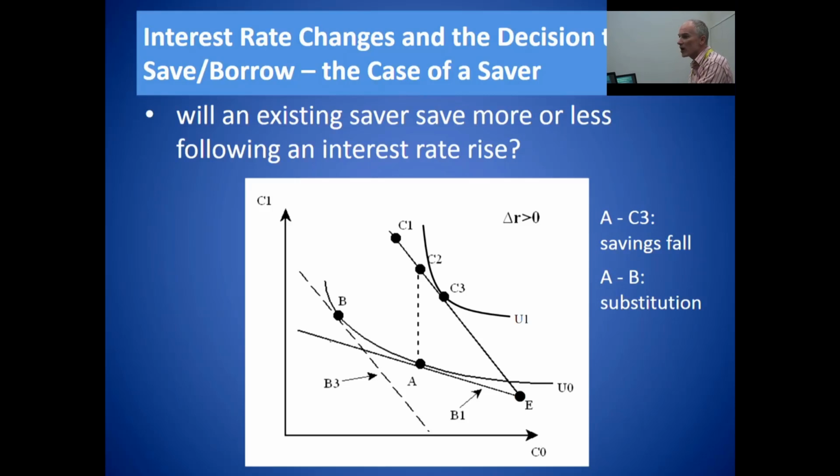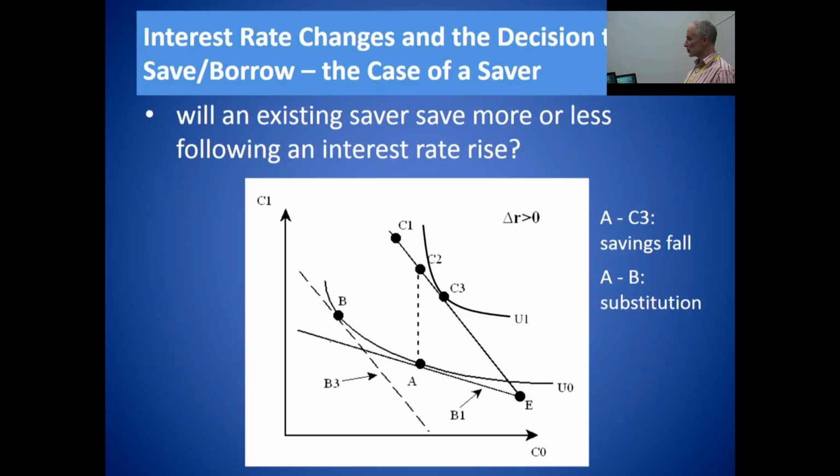Current consumption is now relatively more expensive. For everything you now consume in the present, you would give up even more in the future, because savings attracts a higher return. So what does the consumer do? Substitute away from the more expensive good. And that's what he does. Substitute away from current consumption.